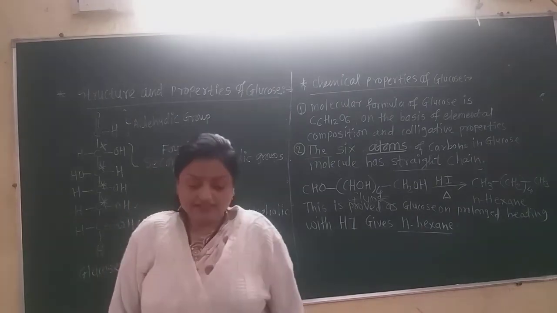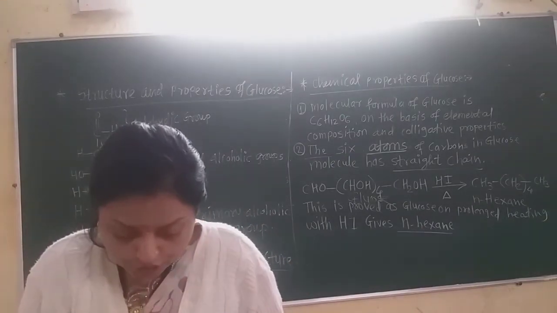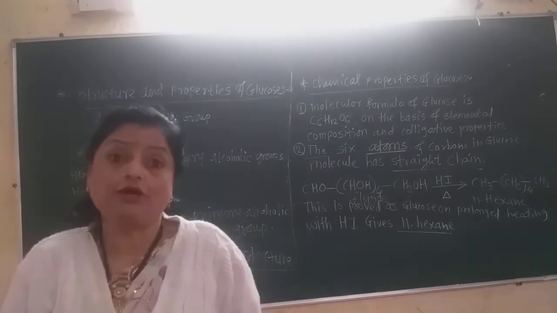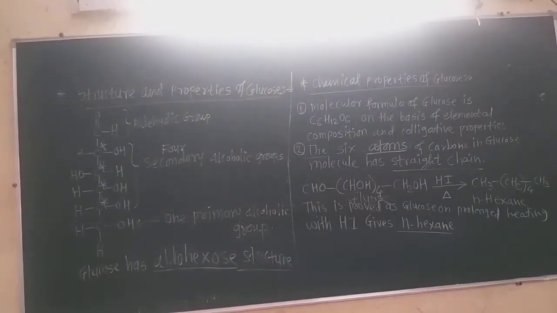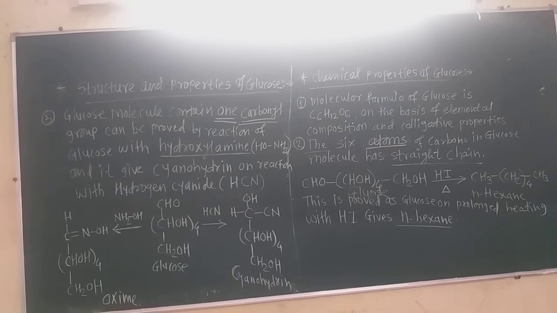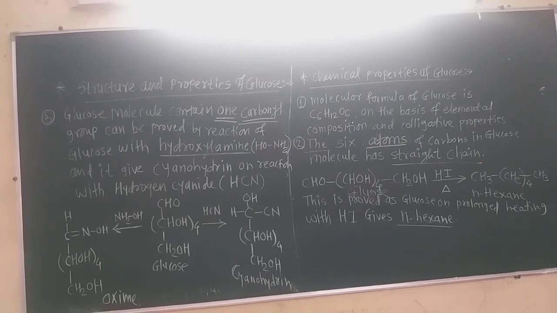Now let us see the third proof about glucose: glucose has a carbonyl group. How can we prove that in glucose there is a carbonyl group, C double bond O group? Let us see. In glucose there is one carbonyl group. You know that glucose has an aldehyde group, and the aldehyde group contains the C double bond O group.